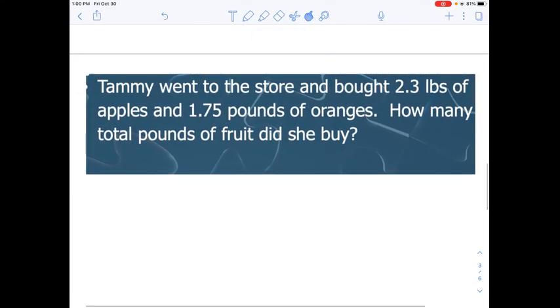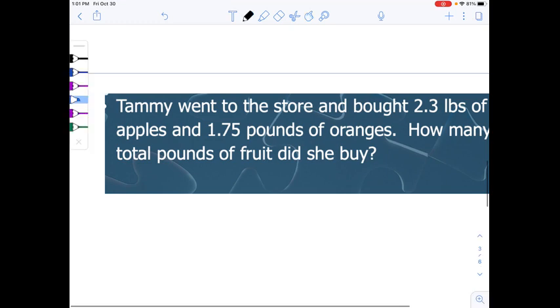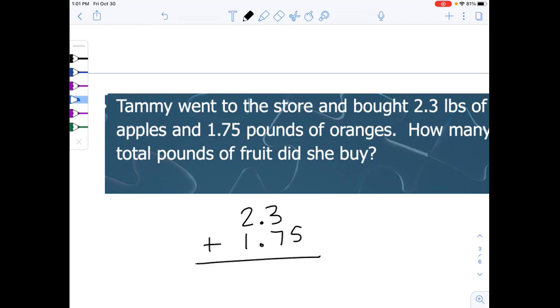Tammy went to the store and bought 2.3 pounds of apples and 1.75 pounds of oranges. How many total pounds of fruit did she buy? So all we have to do is add together 2.3 plus 1.75.